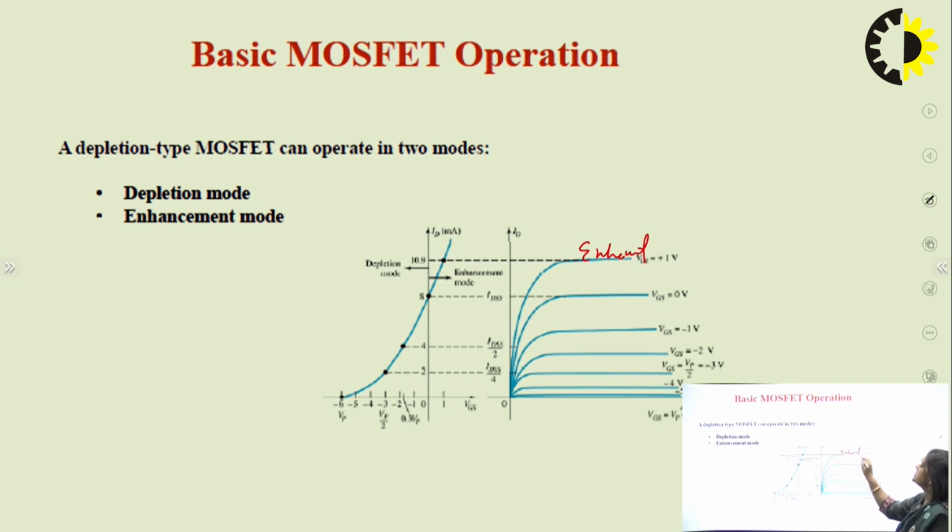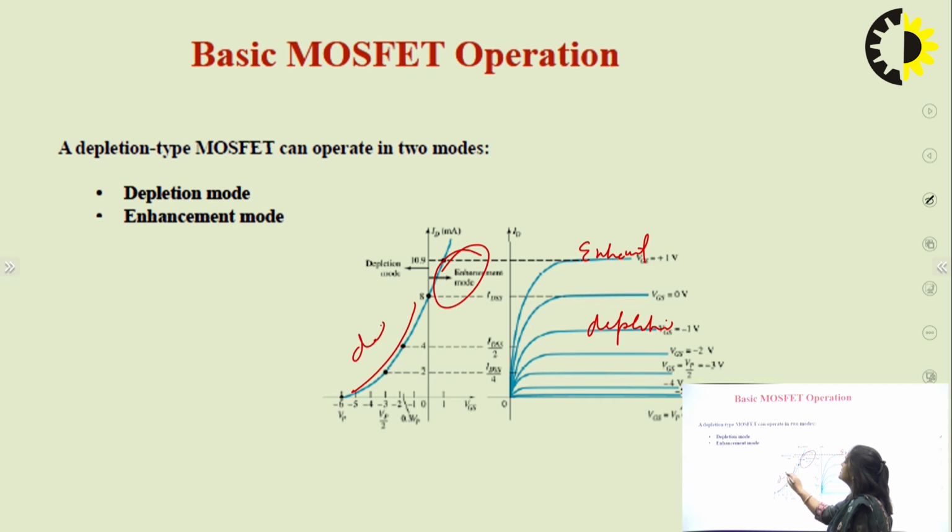This mode is enhancement mode and this mode is depletion mode. So here also we can see this part is of enhancement mode and this part is for the depletion mode. In depletion mode, VGS is negative, so that's why its orientation is like in this way, and in enhancement mode VGS is positive, so its orientation is in this way.